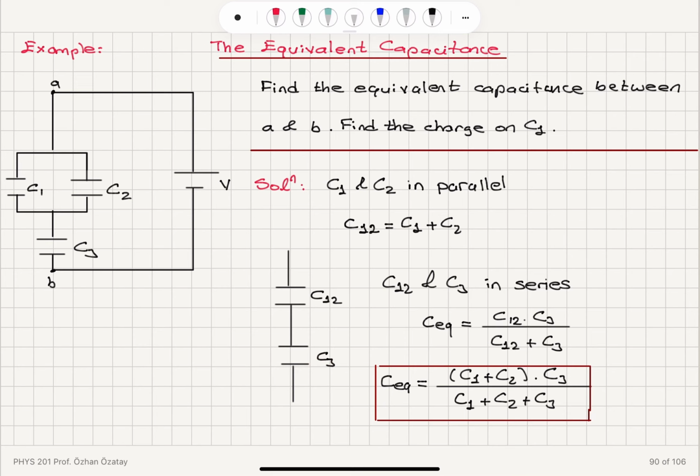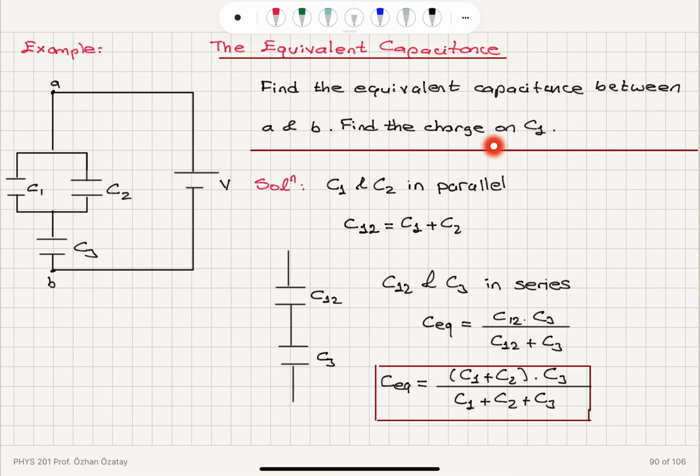So their reciprocals add up to give us the reciprocal of the equivalent capacitance. Or for two capacitors in series, the equivalent capacitance is the product of the capacitances divided by the sum of the capacitances. So the equivalent capacitance is C12, which is C1 plus C2, multiplied by C3 divided by C12 plus C3, which is C1 plus C2 plus C3.